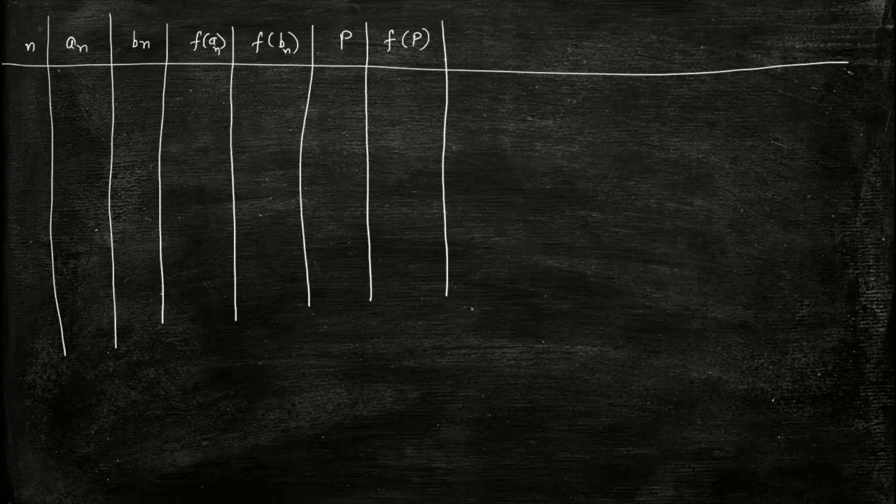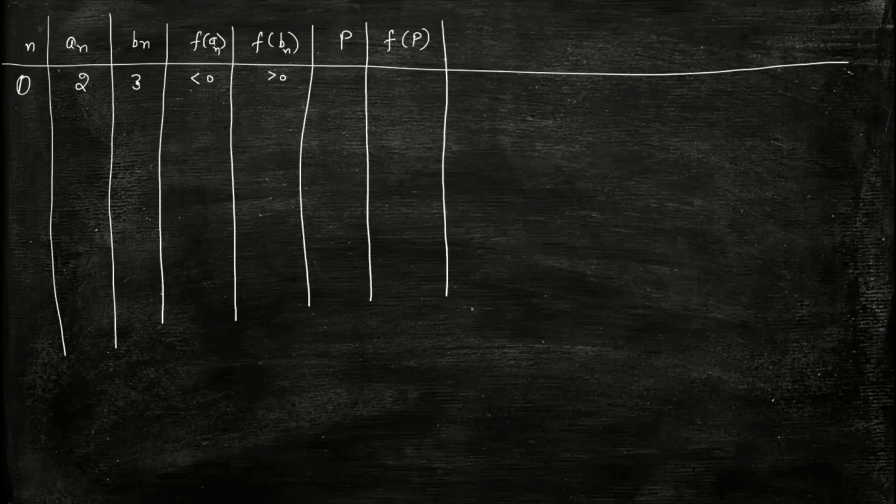So for n equal to 1, we are given a equal to 2, or we can say n is 0 if we start from 0. Then a is 2 and b is 3. f(an) is less than 0 and f(bn) is strictly greater than 0. You will see it is always the case that f(an) will be less than 0 and f(bn) will be strictly greater than 0, because we started with these conditions.